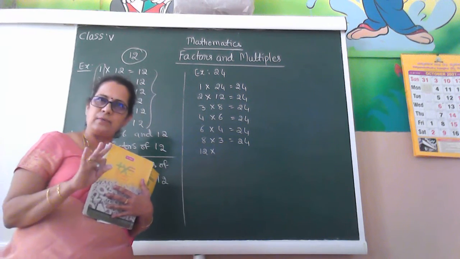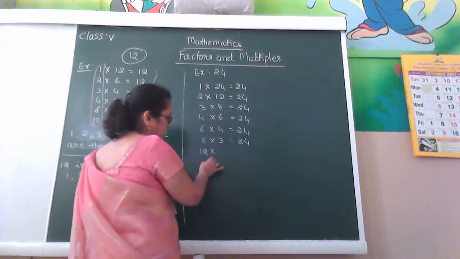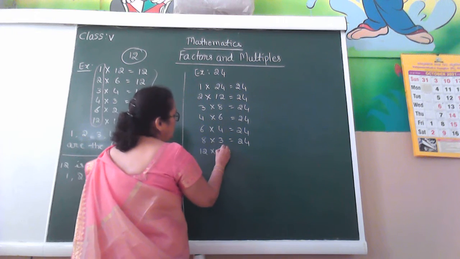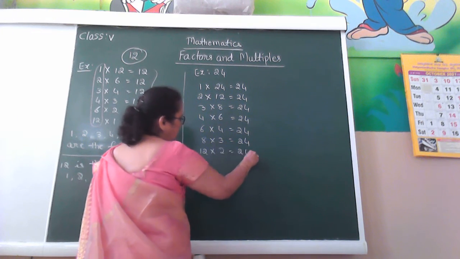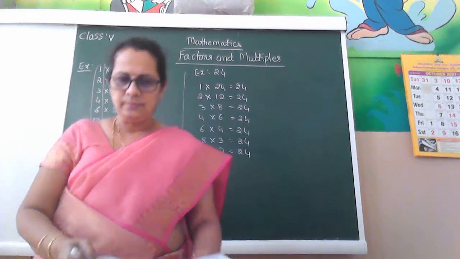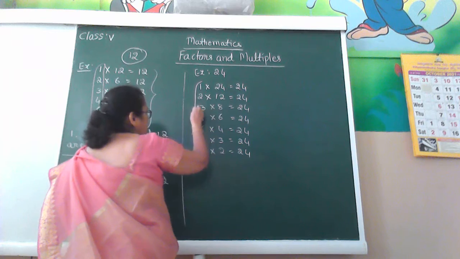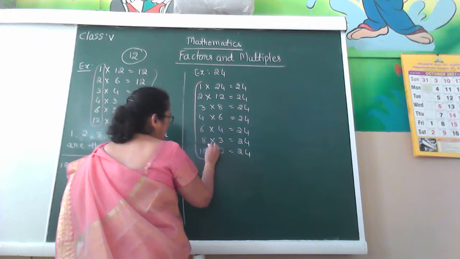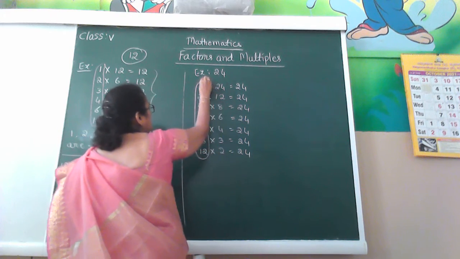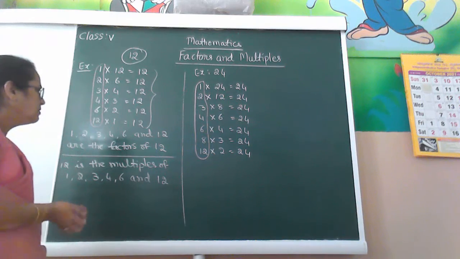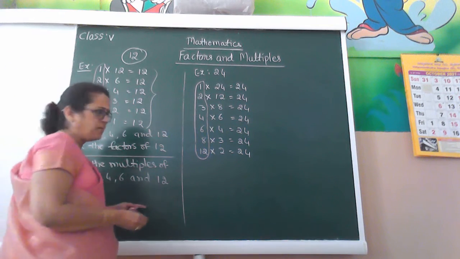I have taken only the tables in which 24 is there. 12 2s are 24. So these are 1, 2, 3, 4, 6, 8 and 12. So these are factors of 24.